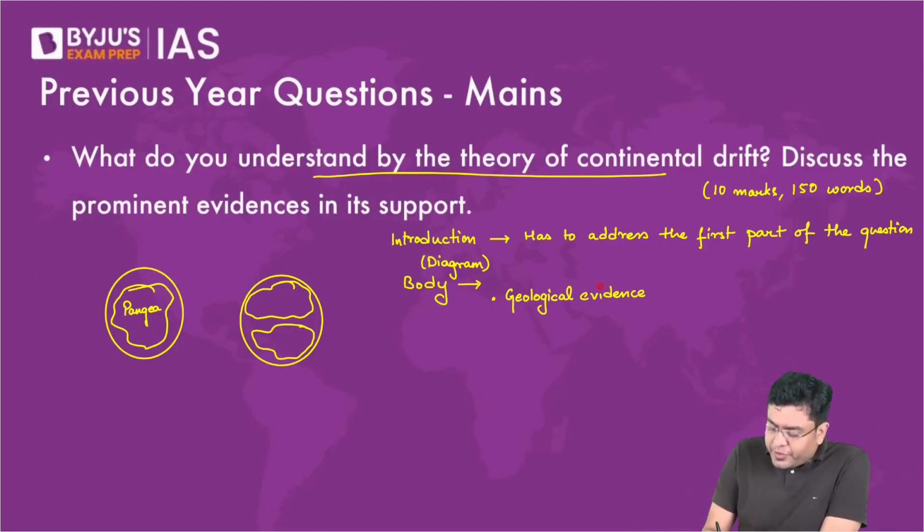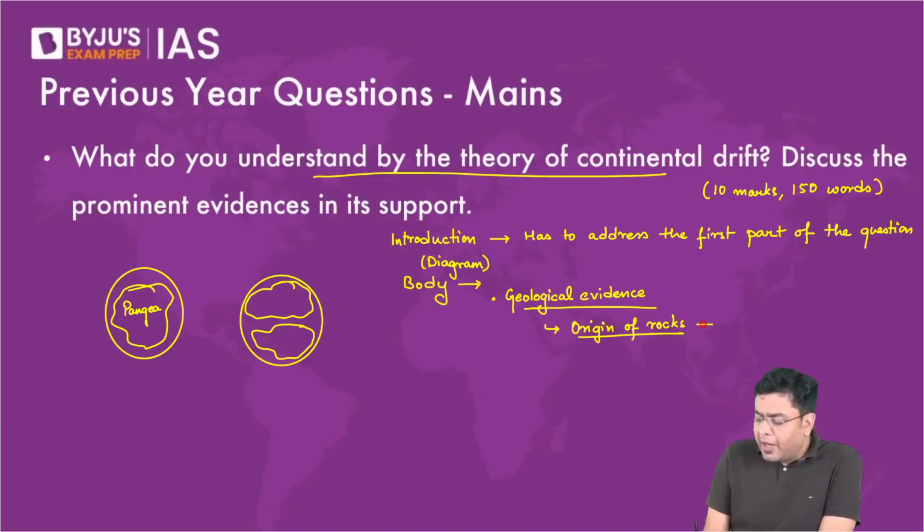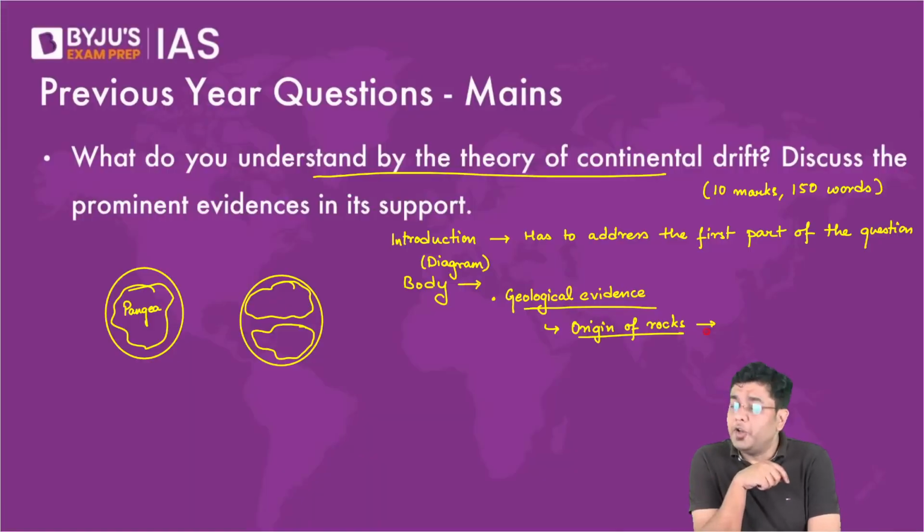So in the case of geological evidence, first of all, you talk about the origin of rocks. There, you talk about how the rocks in the region of the Appalachian Mountains in North America and the region of the Scottish Highlands have a similar kind of origin.